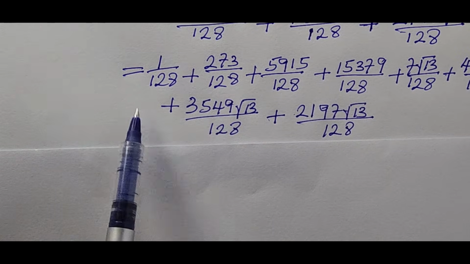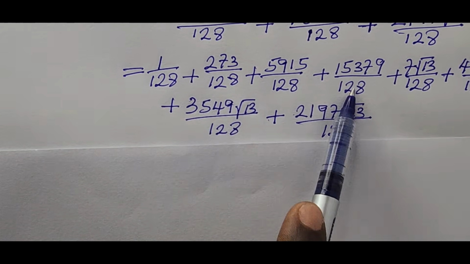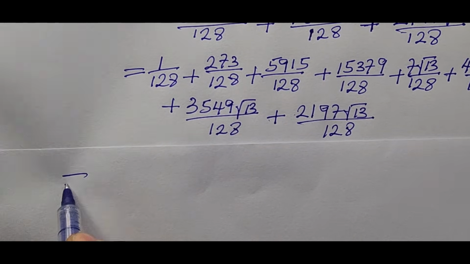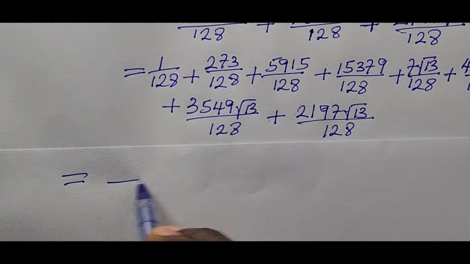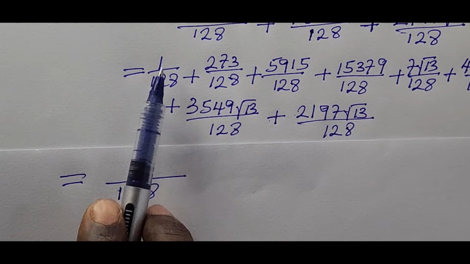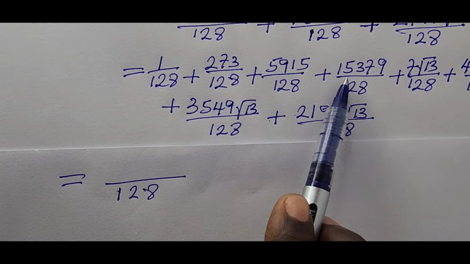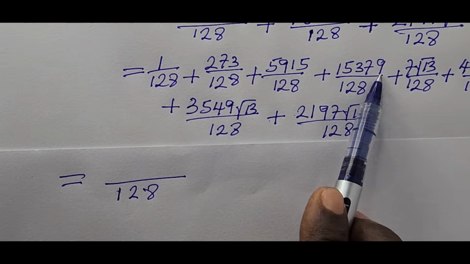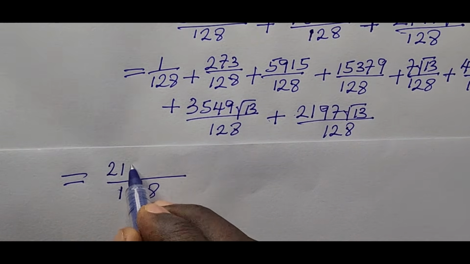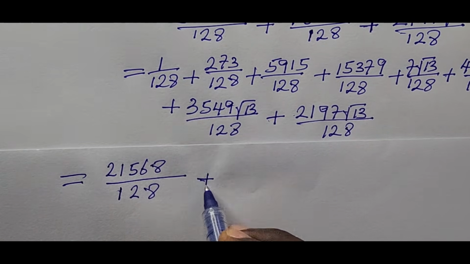So at this point, let's go ahead and add up everything here. You discover that these are having the same denominator, so we have a common denominator, which is 128. If we add 1 to 273 to 5915 to 15379, everything will give us 21568.